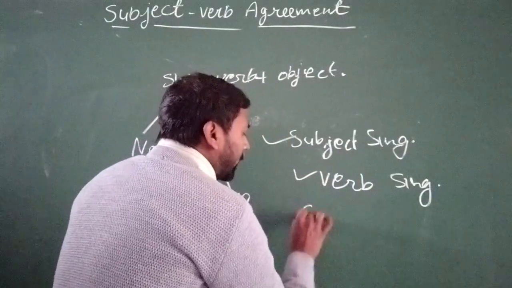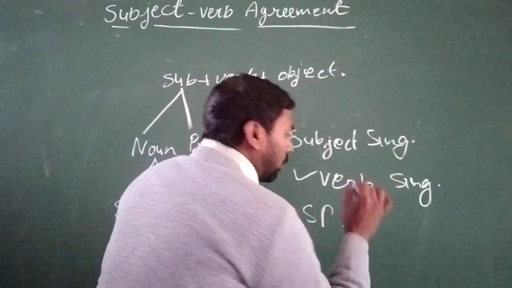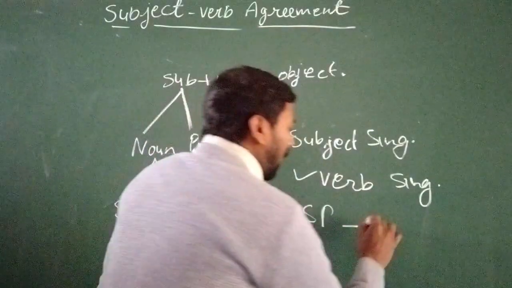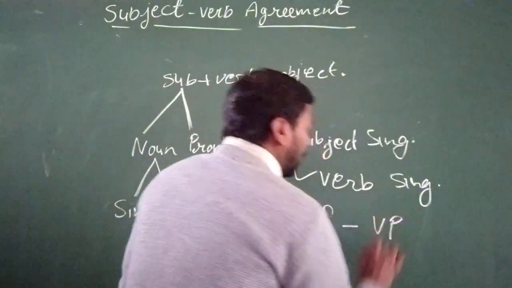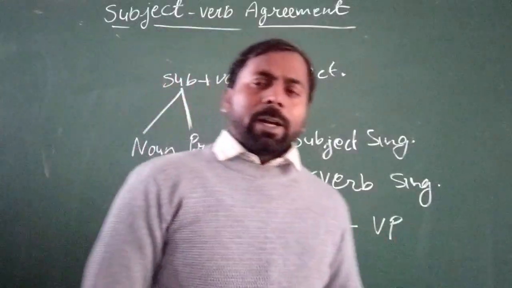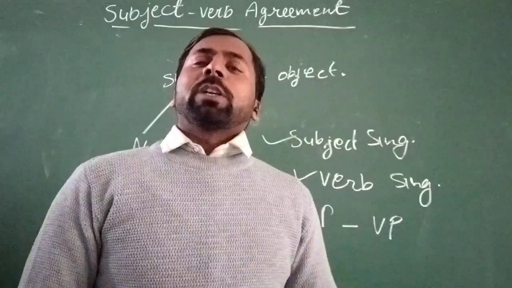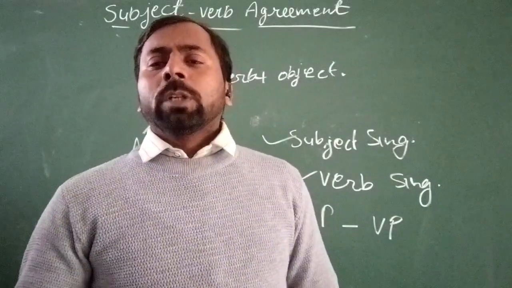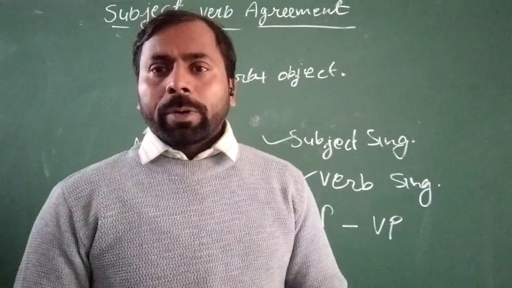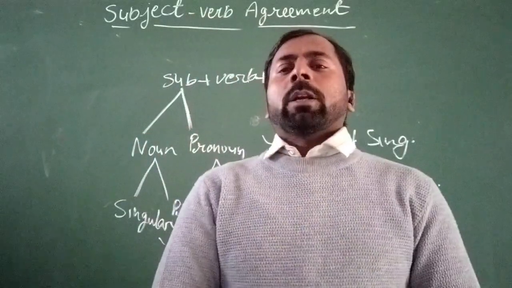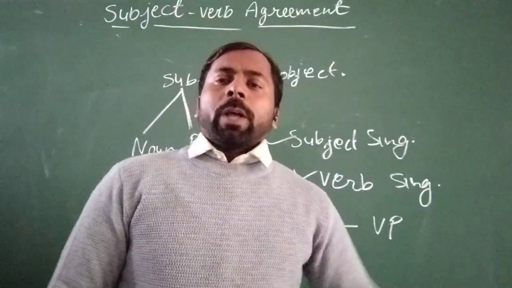If your subject is plural, then you use the plural form of the verb. Simply, if your subject is a singular number, use a singular verb, and if your subject is a plural number, use a plural verb. This is the simple method of subject and verb agreement.